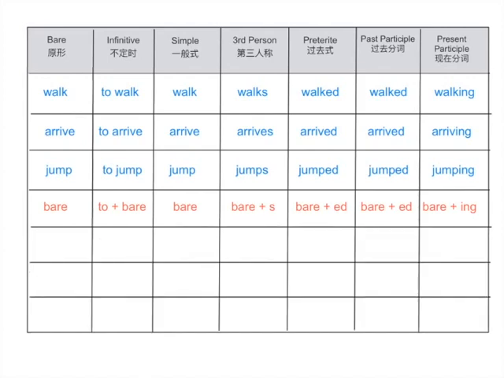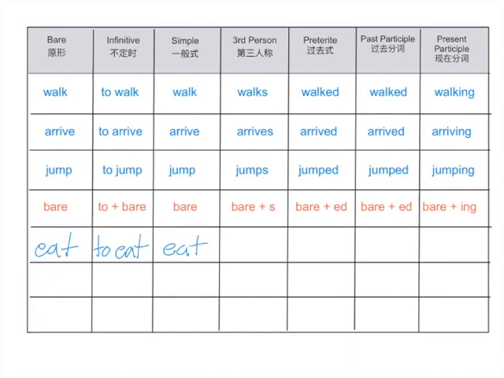So to better understand these irregular verbs, let's look at a few examples, starting with the verb eat, which is a verb we all know and which is very familiar. So the bare form of the verb eat is just eat. The infinitive form is to eat. The simple form is eat.